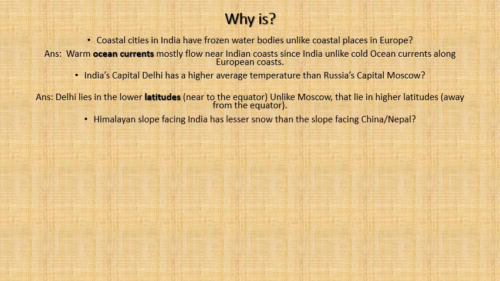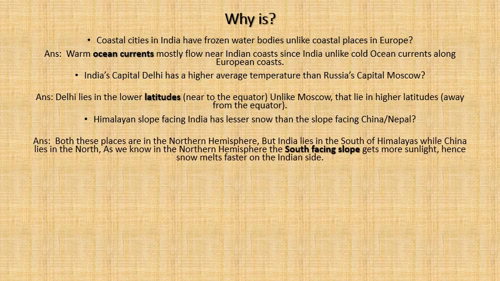Third point, the Himalayan slope facing India has less snow than the slope facing China and Nepal. When we learned about the nature of slope, we learned that in the northern hemisphere, and we already know India is in the northern hemisphere, the slope which is facing the south will get more sunlight.